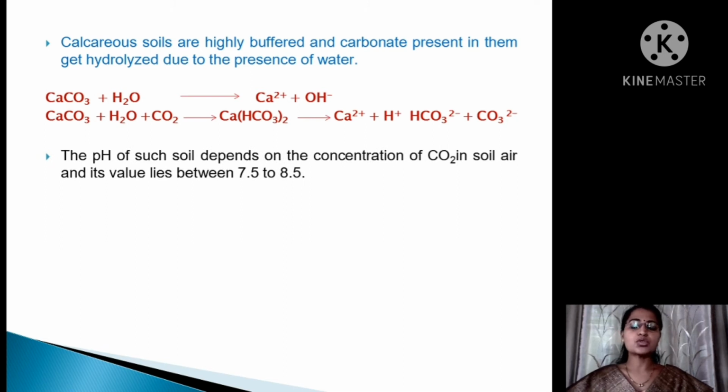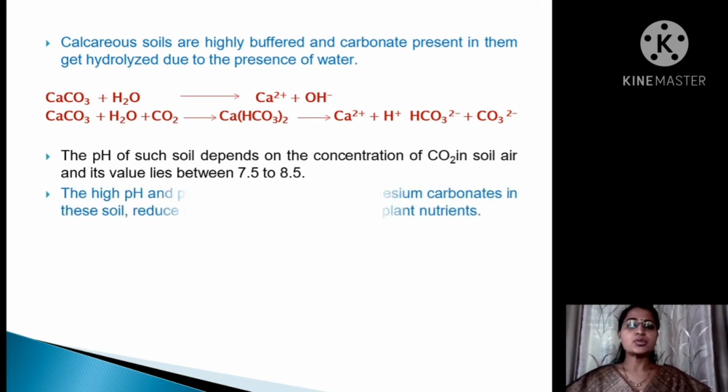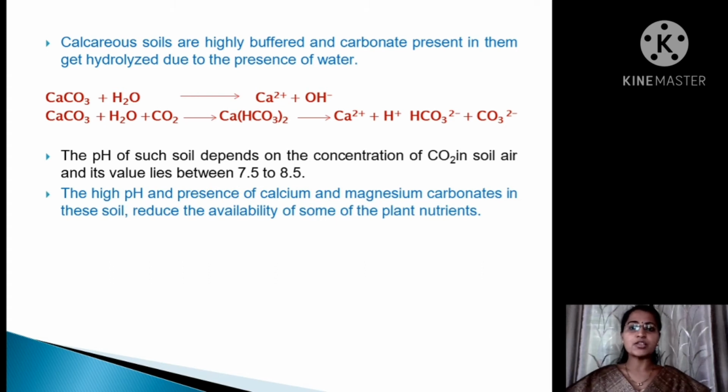The pH of such soils depends on the concentration of CO2 in soil air, and its value lies between 7.5 to 8.5. The high pH and presence of calcium and magnesium carbonates in these soils reduce the availability of some of the plant nutrients.